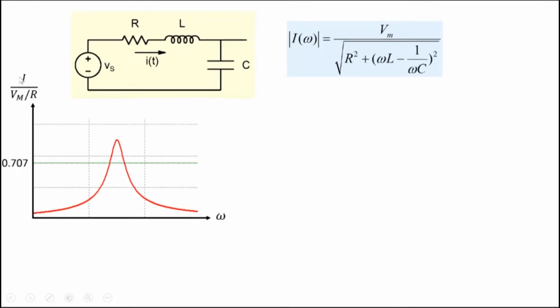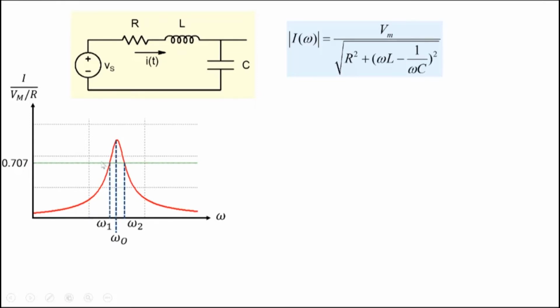In this case, the current is normalized by the maximum value of current that we will obtain, Vm by R, when omega L equals 1 by omega C. This term goes to 0. So the maximum current is Vm by R. So we have normalized the current by Vm by R, and so the maximum value is 1. And then away from the resonant frequency, the magnitude of the current falls on both sides.